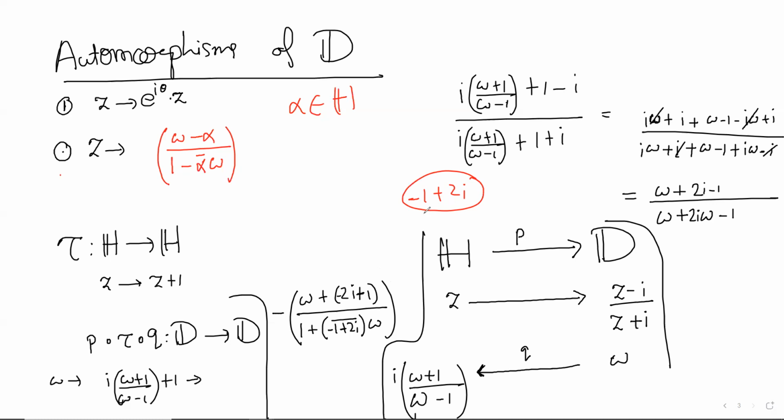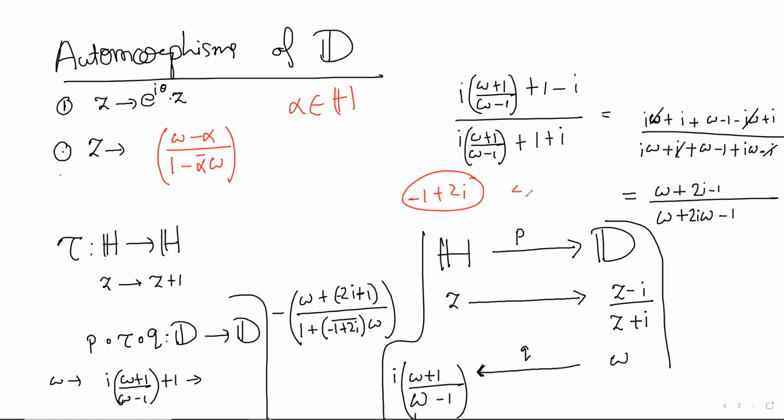So you see, this way we get all the automorphisms of the disk. But no, wait.